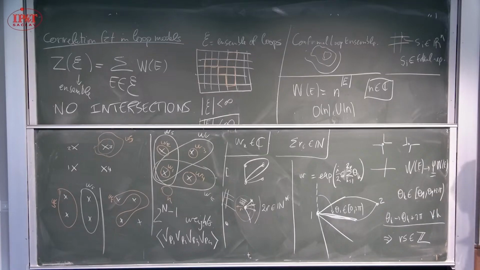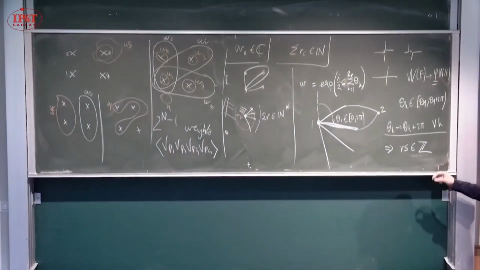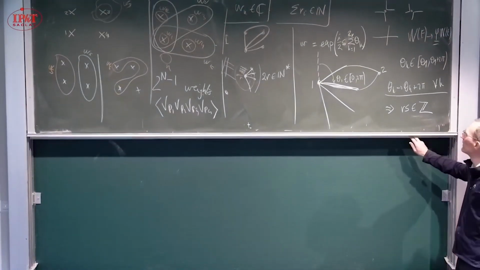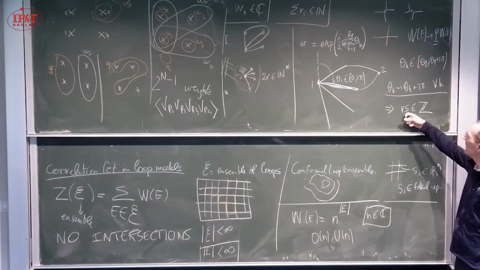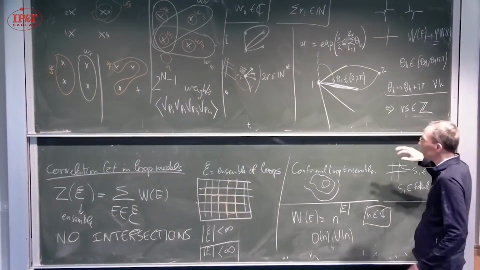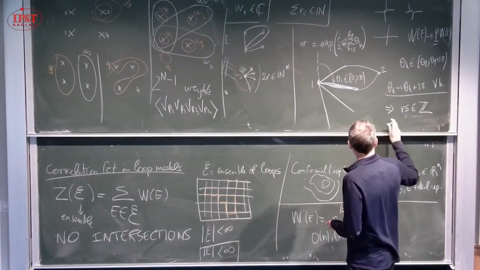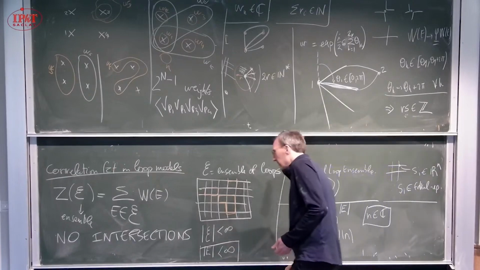Right. So with this definition, I have allowed momentums, angular momentums, which are all the rational numbers so that RS is integer.